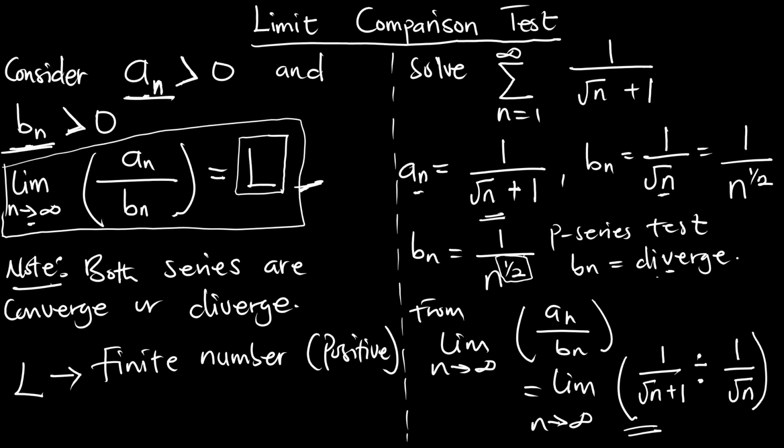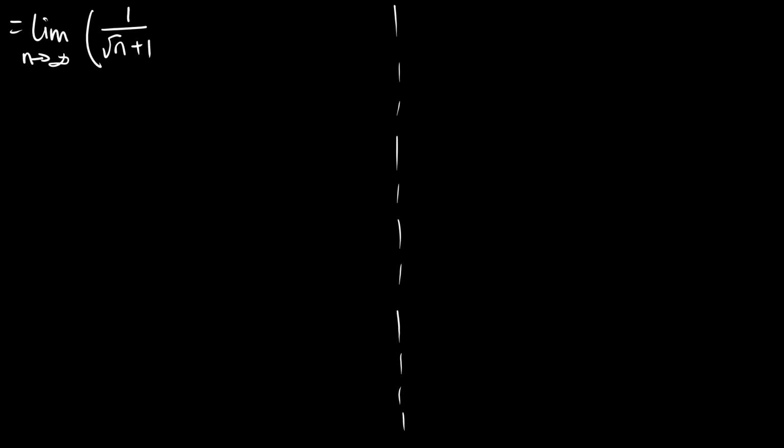Are we good? Alright, so let's look at how we are going to solve. Let's move to the next. So this is what we have. We have limit as n approaches infinity of 1 on root of n plus 1, everything divided by 1 on root of n.